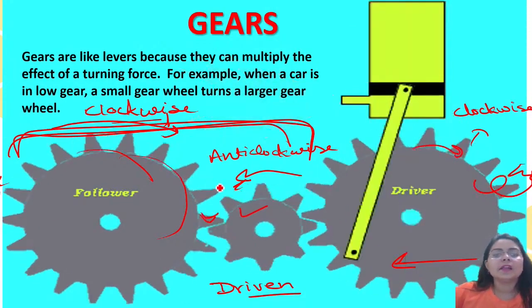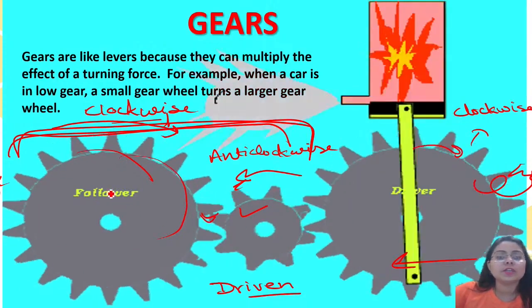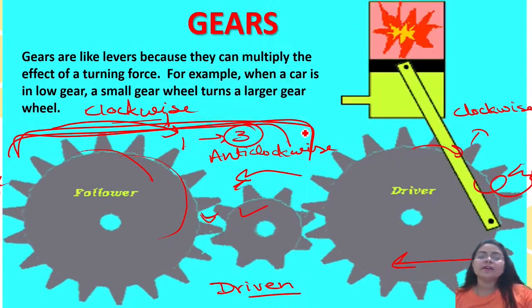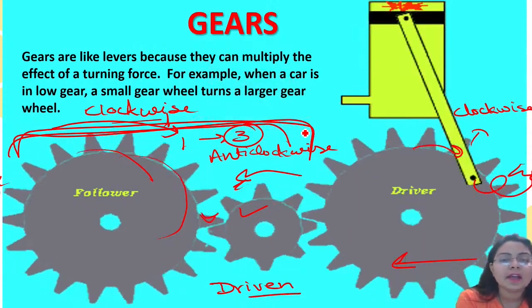The larger gear will be driven slowly, because when the smaller one does 3 rotations, the larger one does a single rotation. So the driven gear will go slower, and it will have a larger moment.